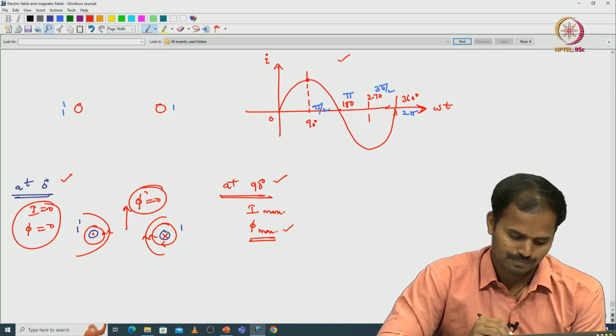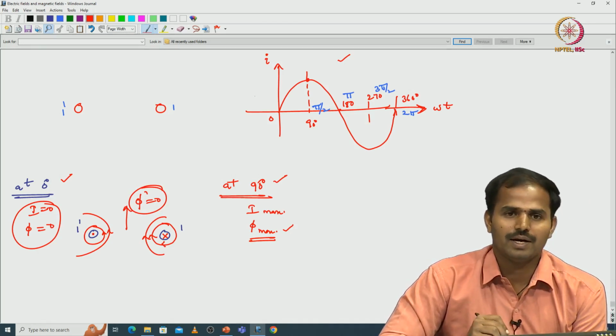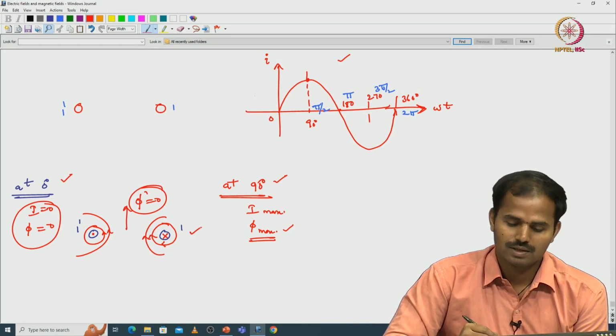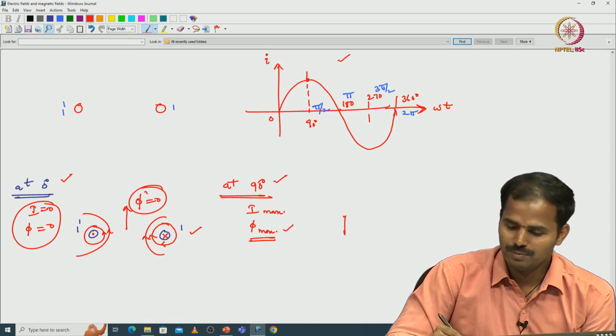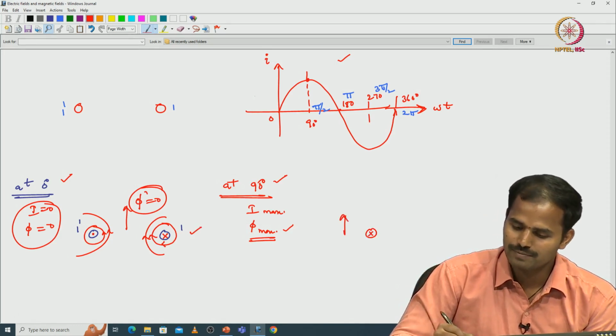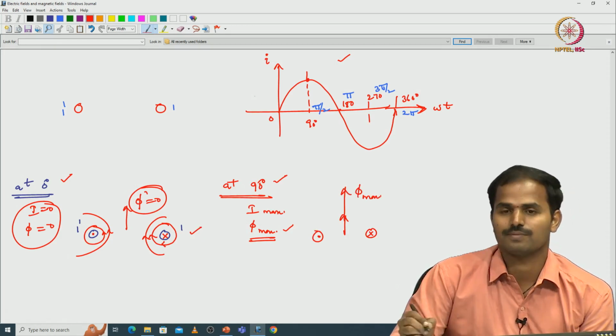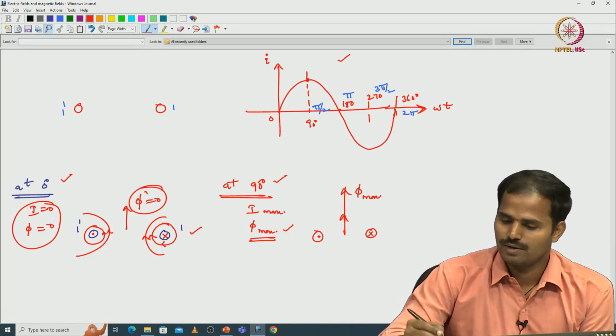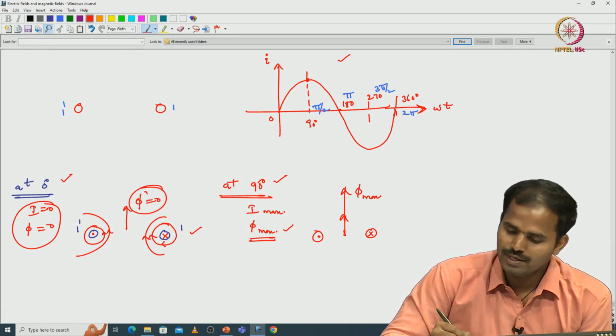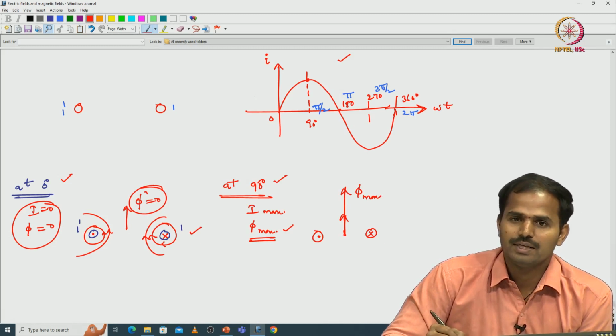Okay. So the direction is the same, just the current magnitude is changing, that means the flux direction is also in the same manner, in the same direction, but the magnitude will reach phi max. From 0 to 90 just the magnitude of the vector is increasing.